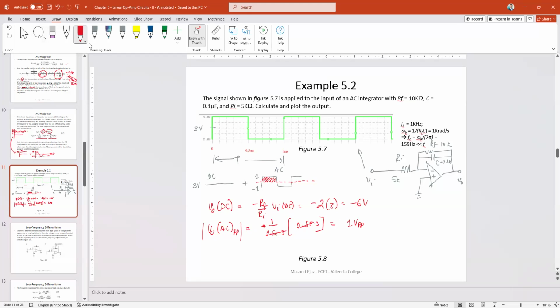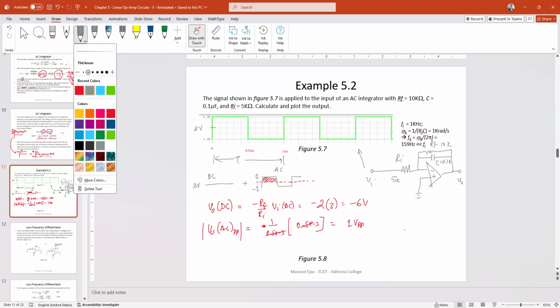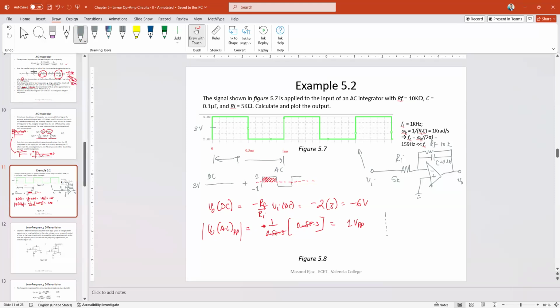So the output of this circuit is going to be time scale, V out, and time scale. Let's say this 0.5, this is 1 millisecond, 1.5 millisecond.